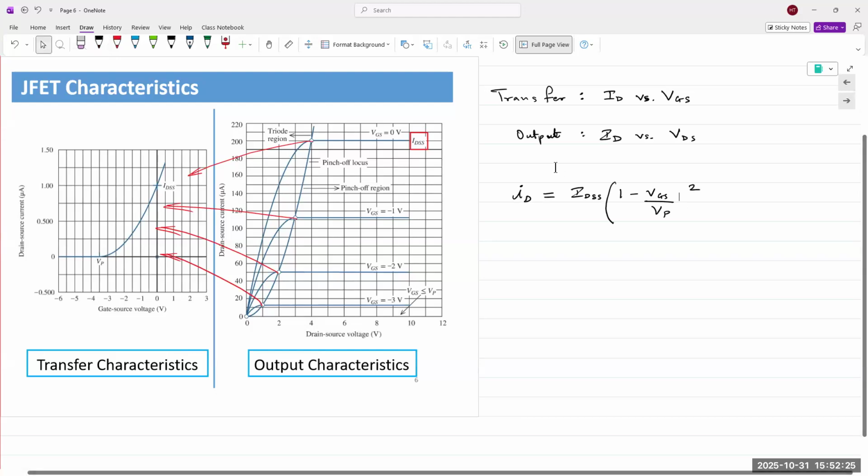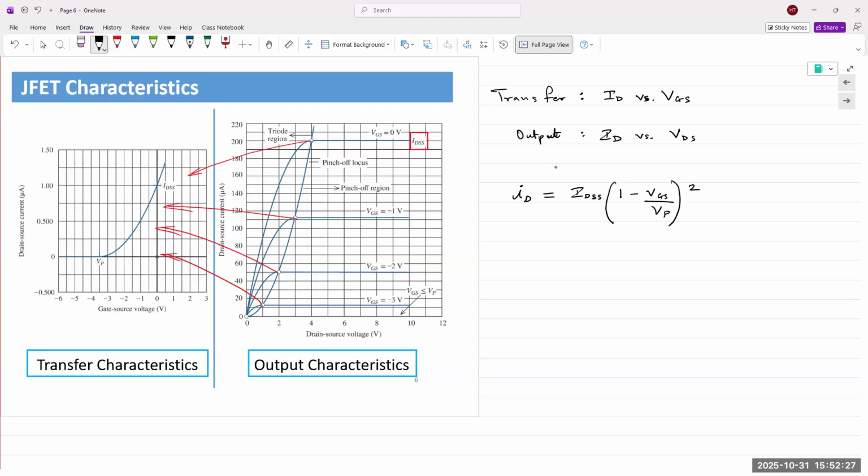If you'll remember, for J113, what was the range for the pinch-off voltage from the data sheet? Yes, it was minus 0.5 to minus 3. So a very large variation.